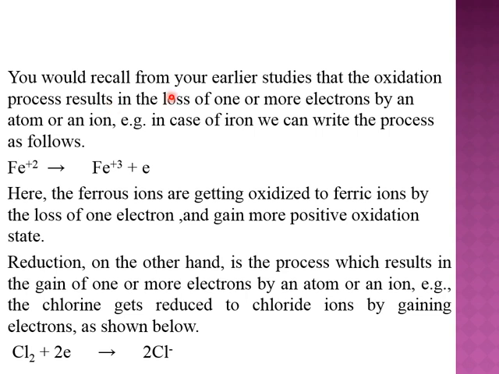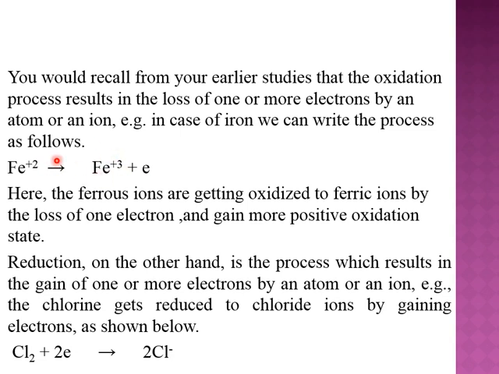Recall from the earliest studies that the oxidation process results in loss of one or more electrons by an atom. So here ferrous is oxidized to ferric by losing an electron, from +2 to +3, a more positive oxidation state.